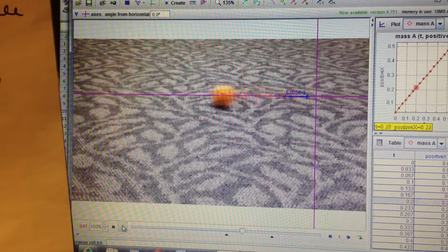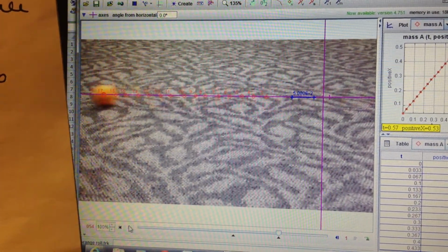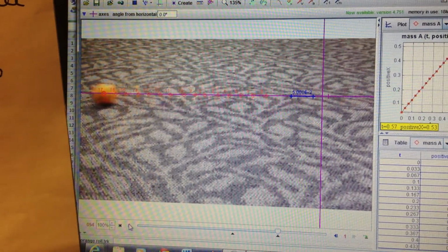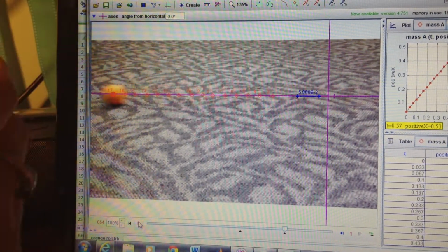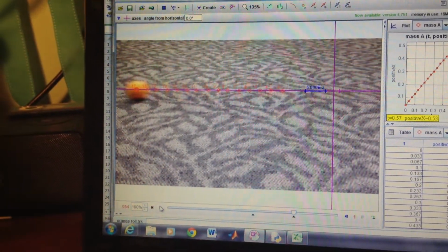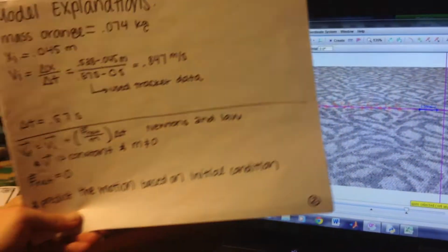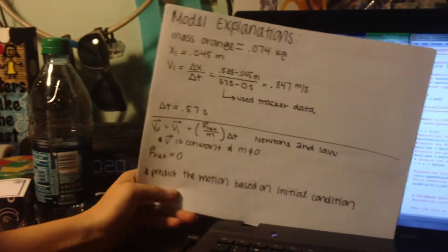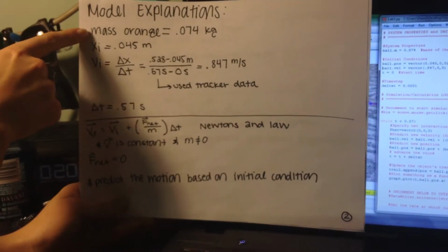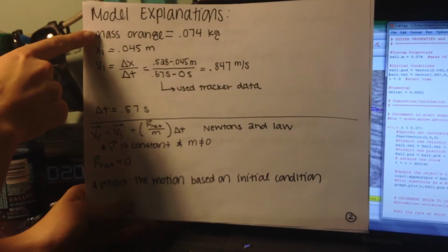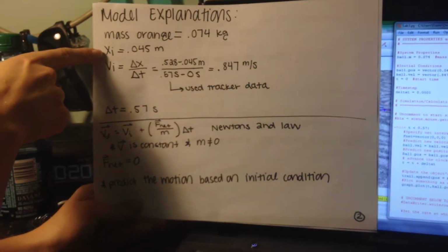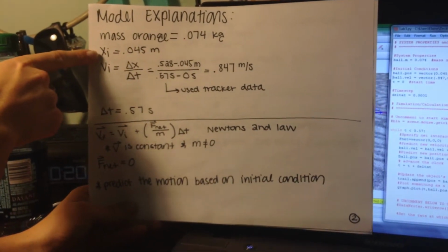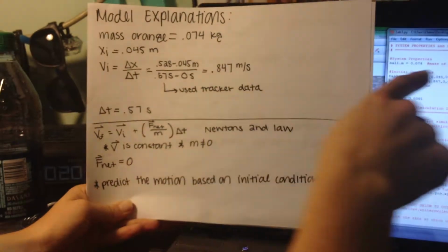You can see here as I play the video that the ball rolls at constant velocity throughout the whole time period. Using this data, I was able to create a model in VPython which shows an object at constant velocity. I used the mass of the orange, which was 0.074 kilograms, as well as the initial position found through Tracker, which is 0.045 meters, and put this in the initial position vector.